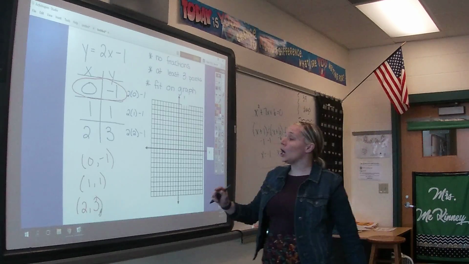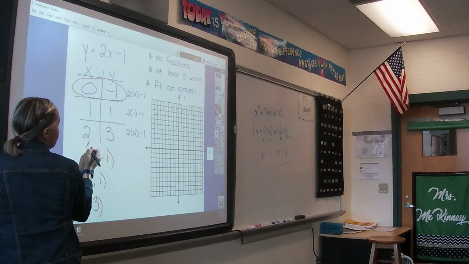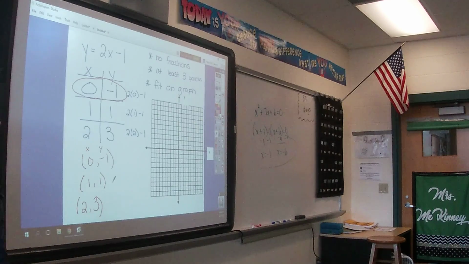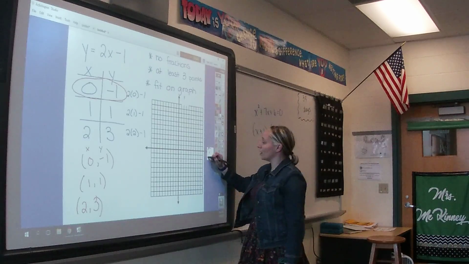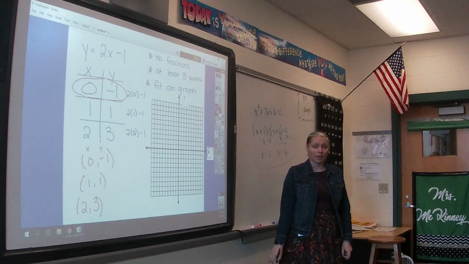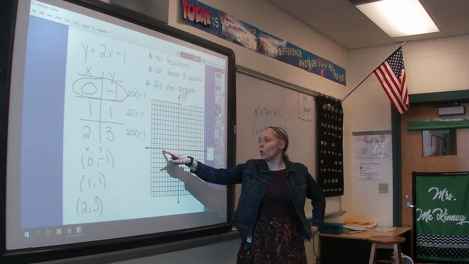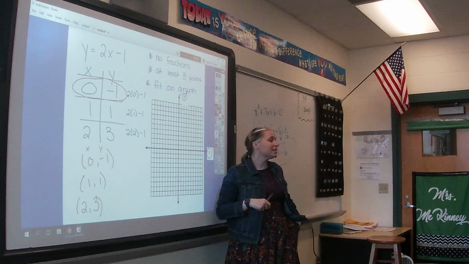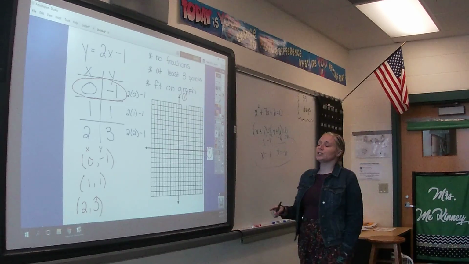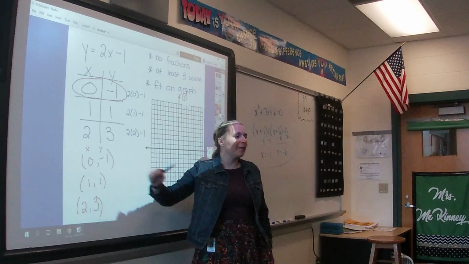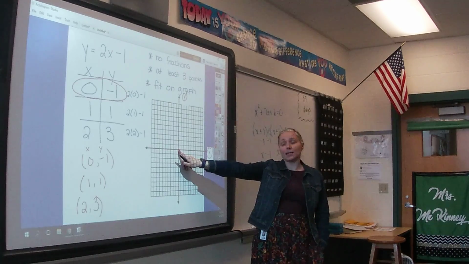Okay, so if we go to plot the ordered pair 0, -1, this is the ordered pair x, y, where the horizontal is our x and the vertical is our y. So we are going to move on our x-axis first. Okay, this says to go to 0 on the x-axis. Right, 0 on the x-axis is in the middle.